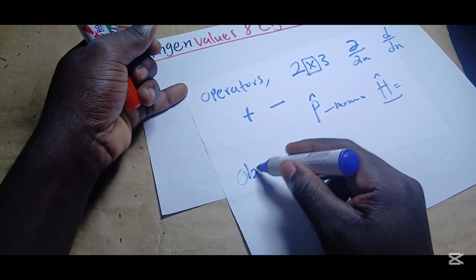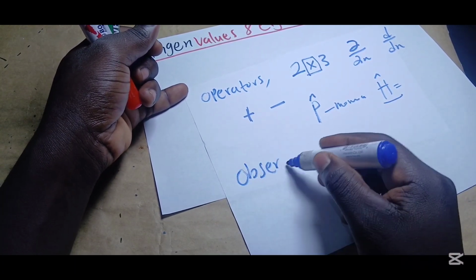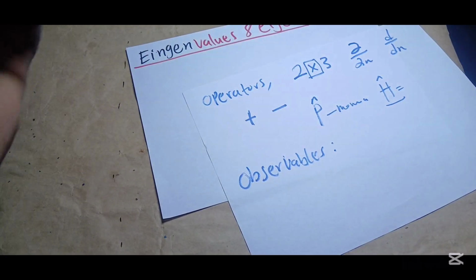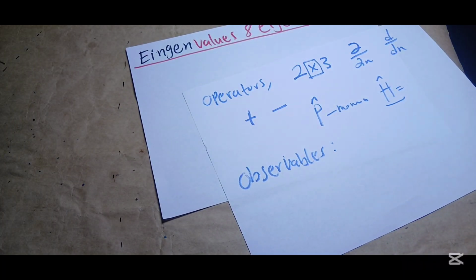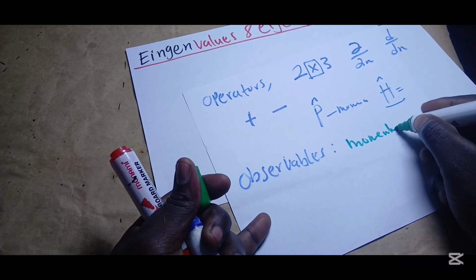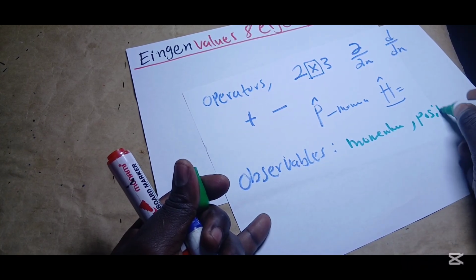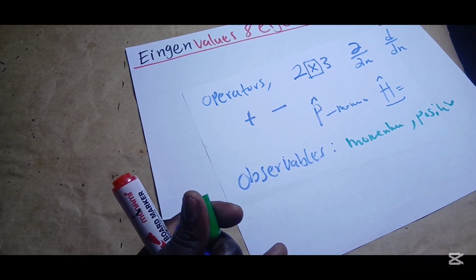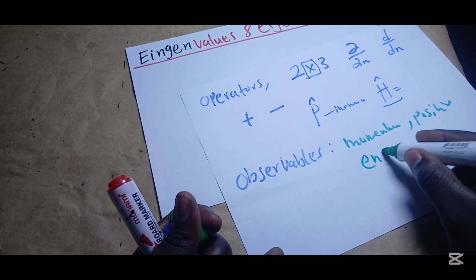Observables, on the other hand, are things that we can measure. Examples of them are momentum, position, and energy.